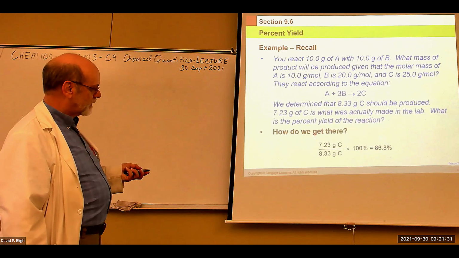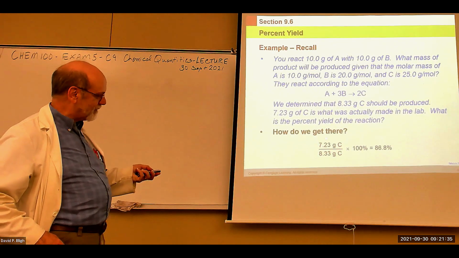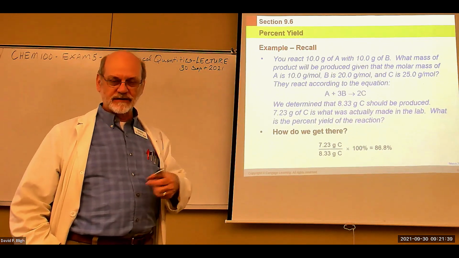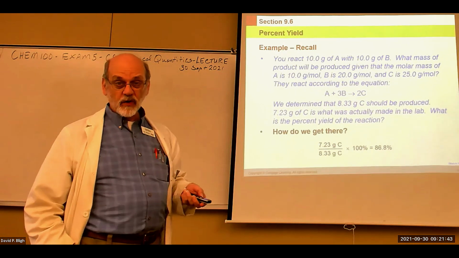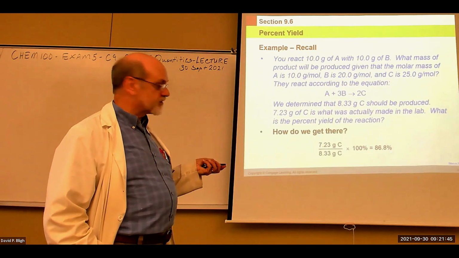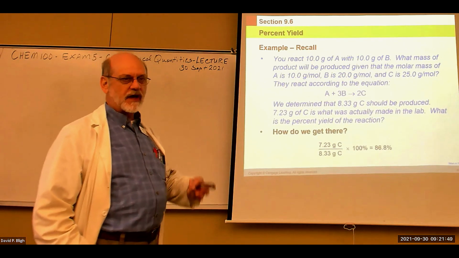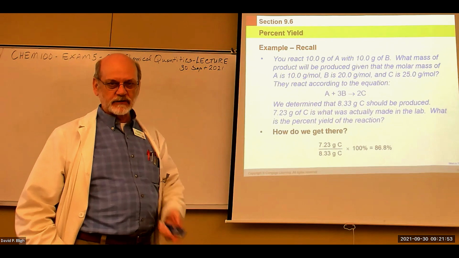Here we go. So you expect this amount, you actually get that amount, and your reaction is 86.8% efficient. That's the percent yield. Actually, in the real world, if you can get that efficiency out of your reaction, you're doing really well. Some are, you're lucky to get 10%, 15% yield.